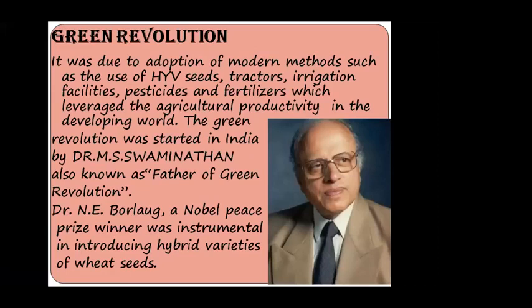The Green Revolution was started in India by Dr. M.S. Swaminathan, also known as the father of Green Revolution in India. Dr. N.E. Borlaug, a Nobel Peace Prize winner, was instrumental in introducing hybrid varieties of wheat seeds to India.